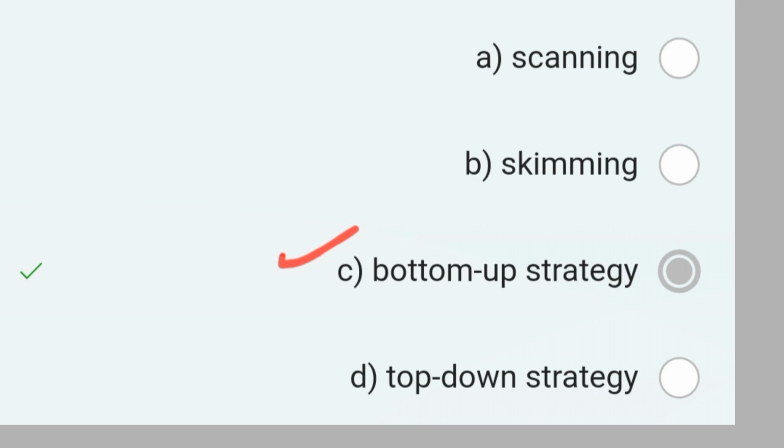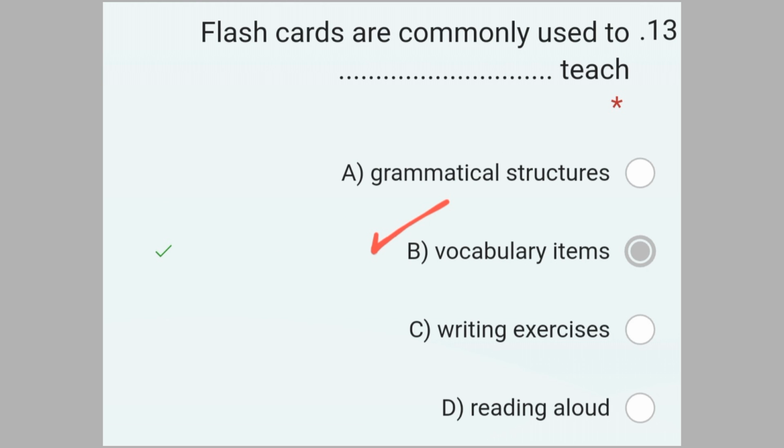D. Top-down strategy. 13. Flashcards are commonly used to teach A. Grammatical structures. B. Vocabulary items. C. Writing exercises. D. Reading aloud.